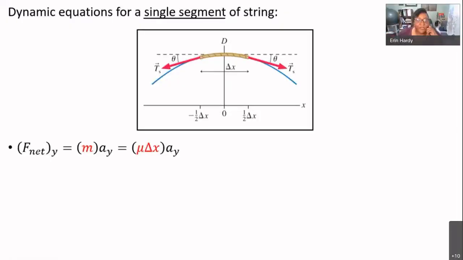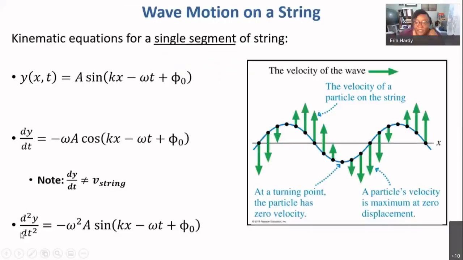That's exactly what we're doing in this first statement. There are no horizontal forces acting on this section of the rope, purely vertical ones. So the net force in the vertical direction is the mass of that segment times the acceleration in the y direction, which is just the acceleration function from the bottom of the previous slide.